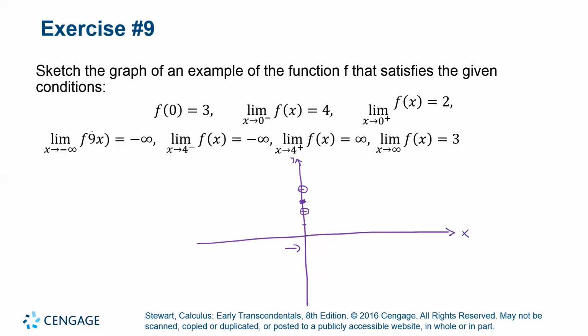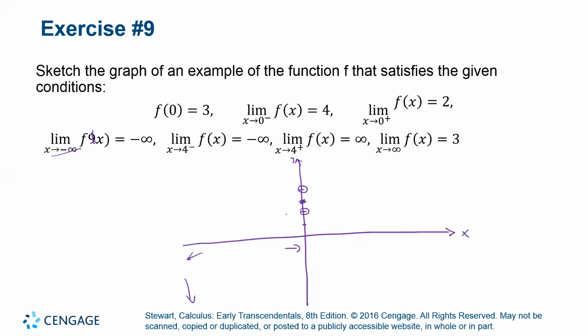When I have f of x, as x approaches negative infinity, f of x goes to negative infinity. So this is telling me that as x is going this way, y is actually going that way.